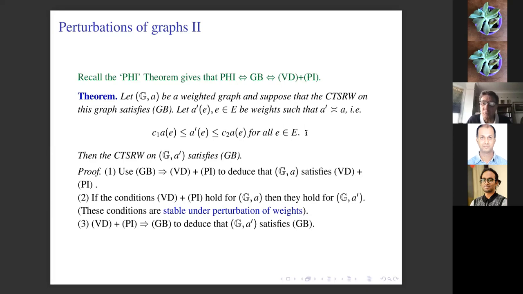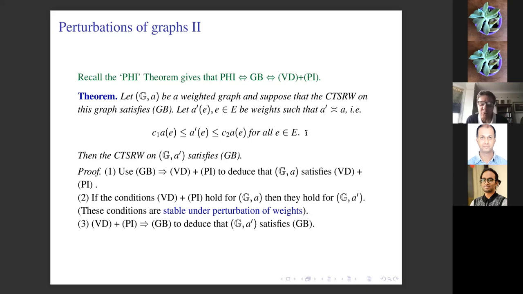So the new random walk jumps in a different way than the old random walk, and so it's not easy to see using any kind of probabilistic method how we can relate the new random walk and the old random walk. One might wonder if one can use some sort of coupling argument, and I thought about that a bit at some point, but it really doesn't seem a viable method.